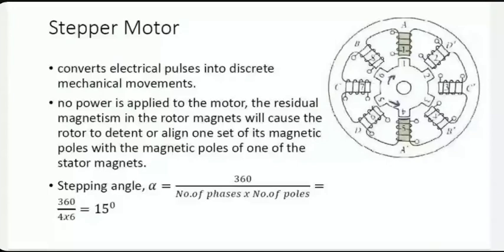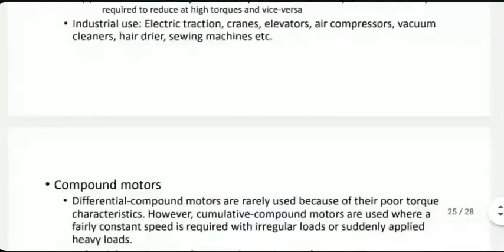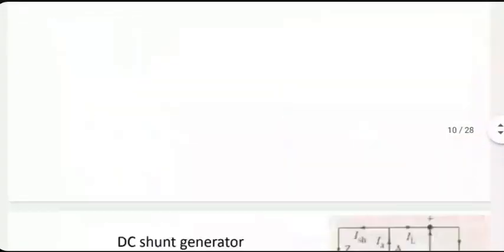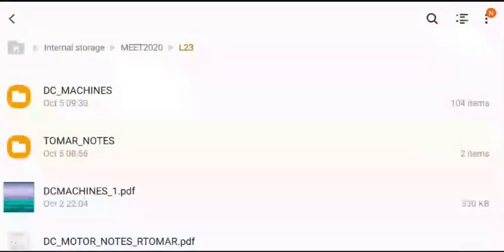This is called stepper motor. This is frequently used in printers and in fax machines, etc. There's a large variety of applications which are not mentioned here. DC machines, especially DC motors, are extremely powerful and common.